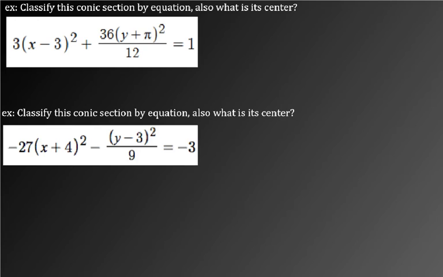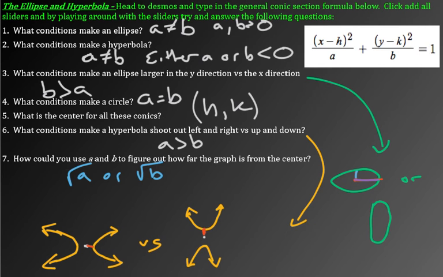All right, so when it comes to classifying conic sections, maybe do a little bit of simplification at first, but you really just want to think about questions 1, 2, and 4, because a parabola should be pretty obvious, because a parabola shouldn't have a square on both, of course, right?